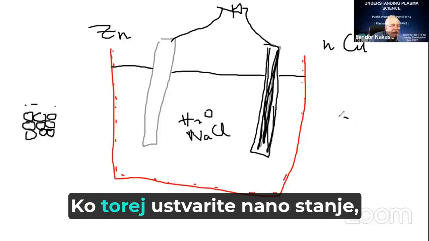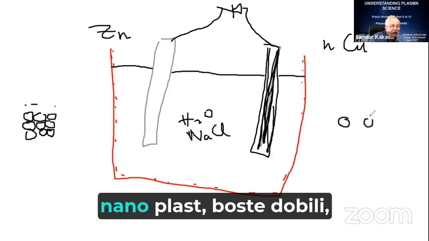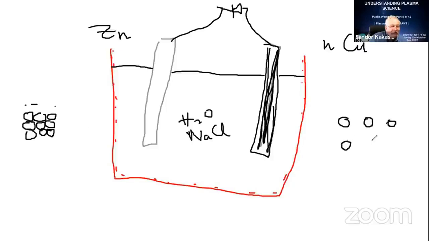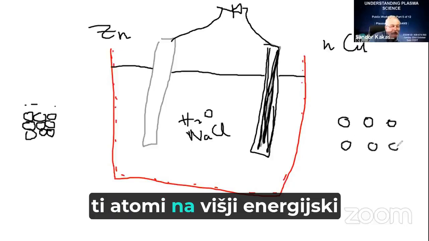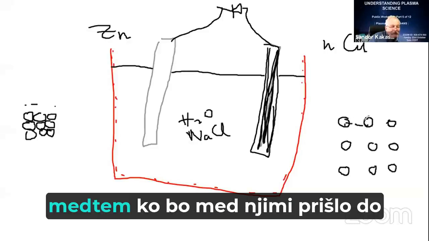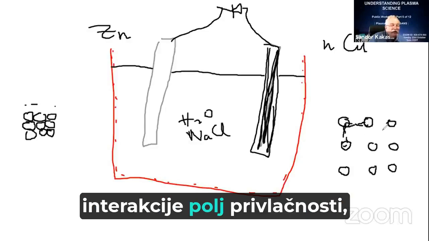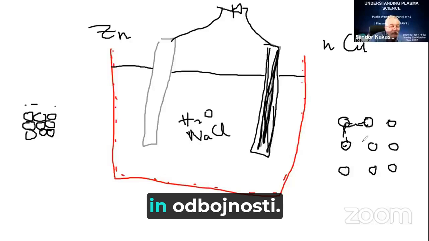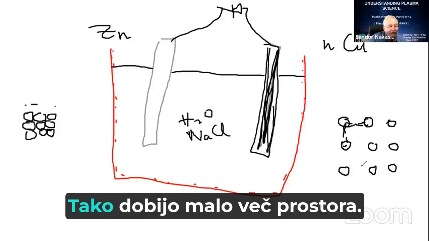So when you make a nanostate, a nanolayer, these atoms will get to a higher energy level, and they create a bigger spacing in between, while there is the interaction of the fields of attraction and repulsion between them. So they get a little more space.